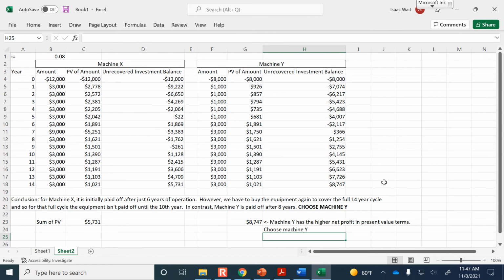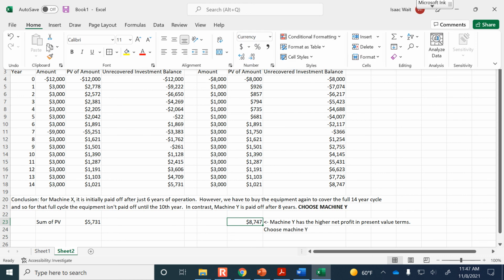Machine Y looks better because it's paid off more quickly, and it's also better because the present value of its profits is higher than machine X. So we feel pretty confident in our recommendation that even though it looks like machine X can be paid off more quickly, that's kind of a false indicator, because once we consider the fact that you'd have to run 2 cycles of it, it's actually not paid off more quickly. So machine Y is what we ought to purchase.